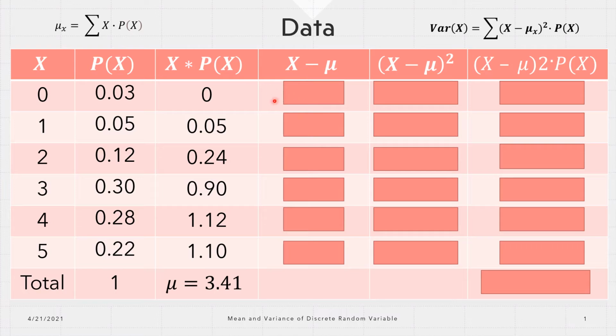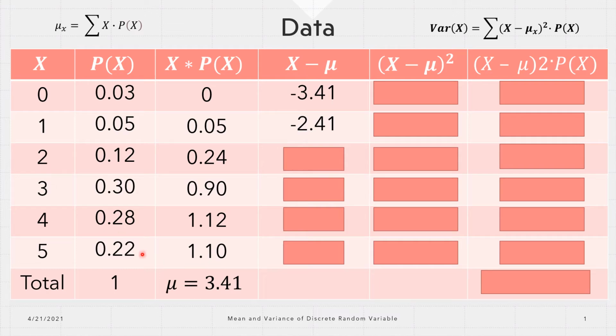For the first row, we have 0 minus 3.41, and that will give us negative 3.41. For the second, 1 minus 3.41, that will give us negative 2.41.